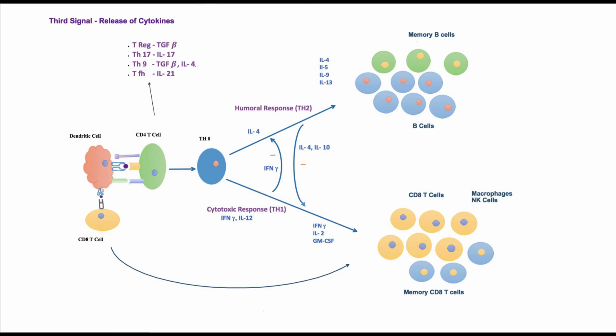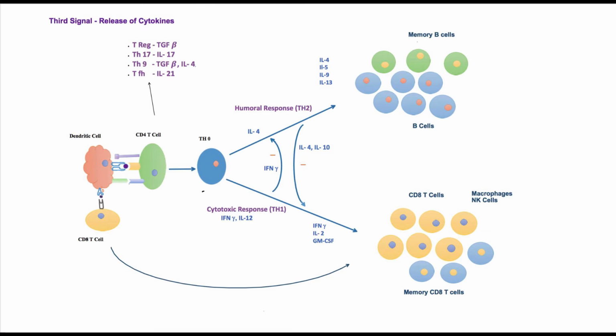This process actually starts when dendritic cells recognize molecular patterns of pathogens. Dendritic cells then produce cytokines based on their findings. Then interaction of dendritic cells and CD4 T cells in lymph nodes finally results in activation and proliferation of CD4 T cells.